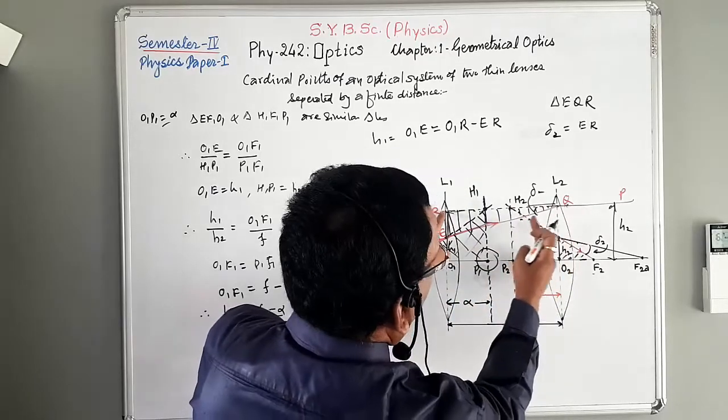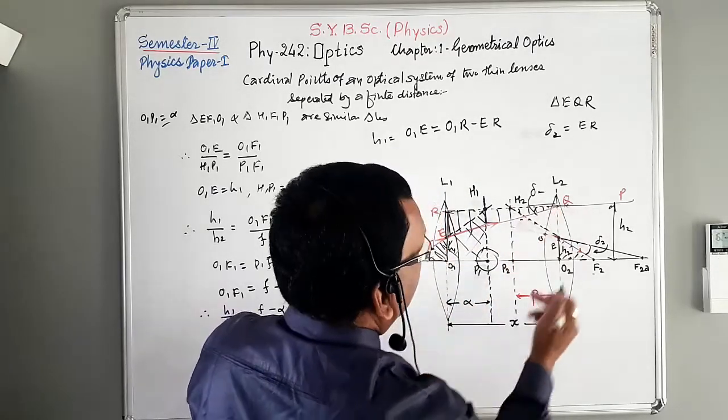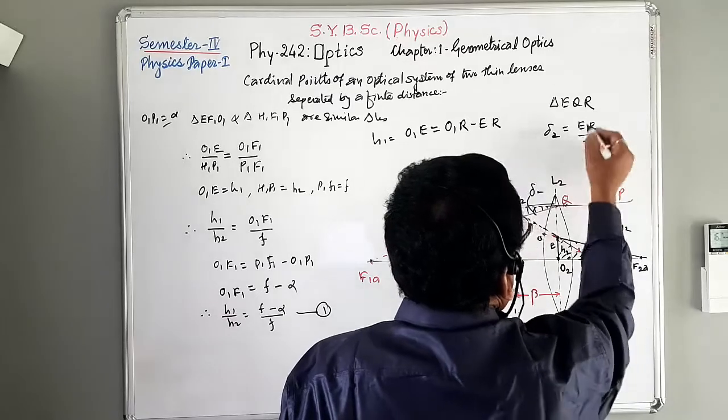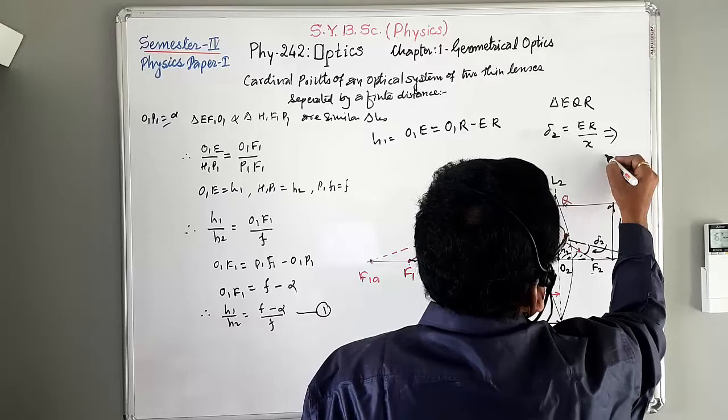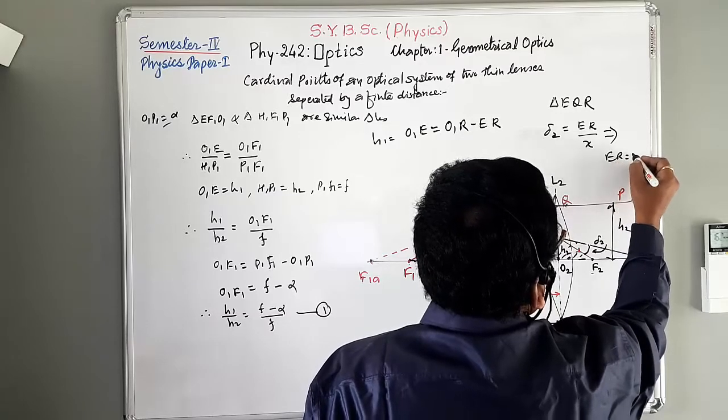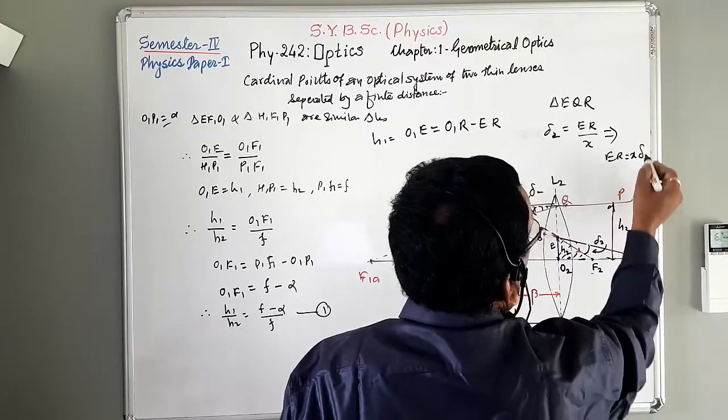What is the adjacent side? QR, which is nothing but x. So ER is equal to x into delta 2.